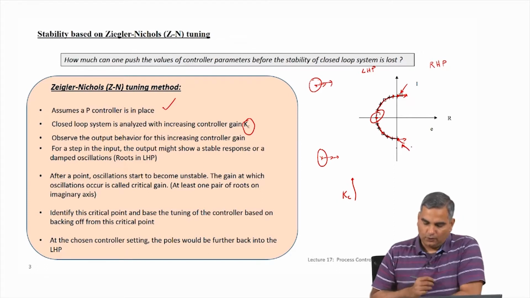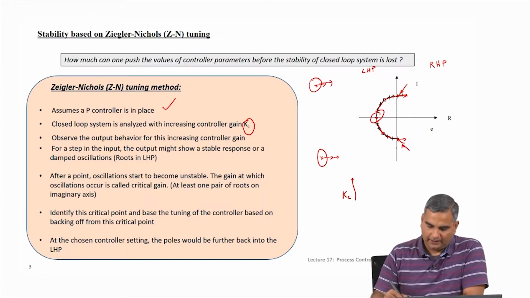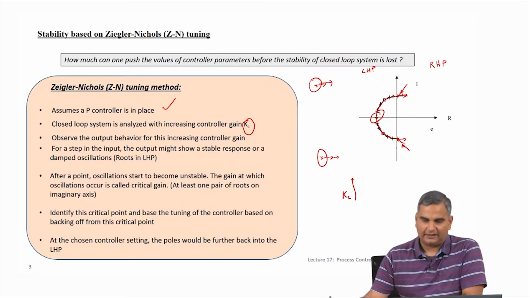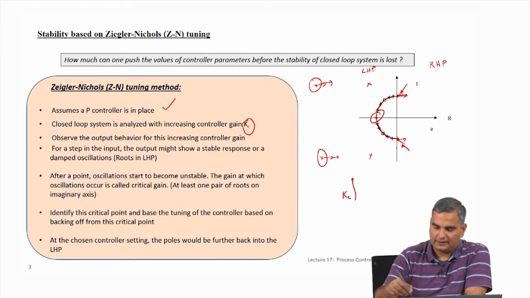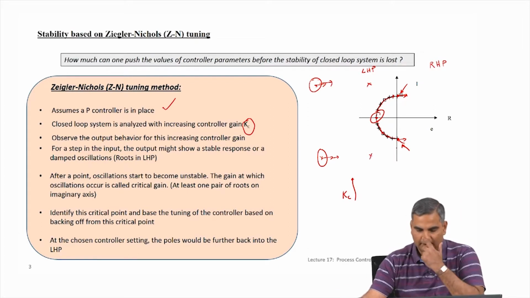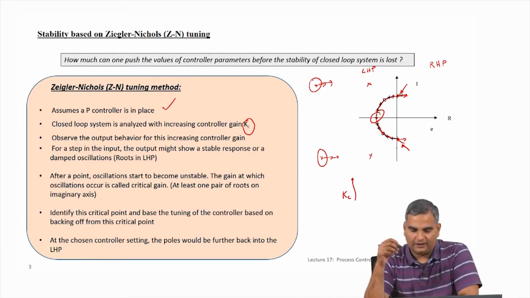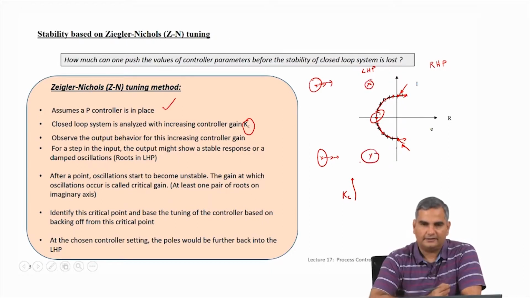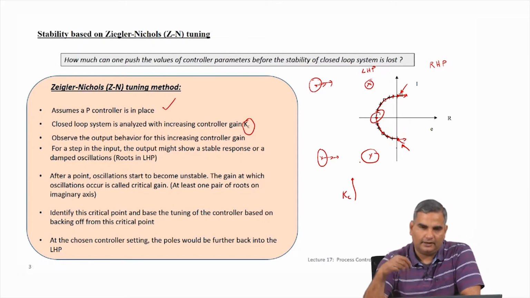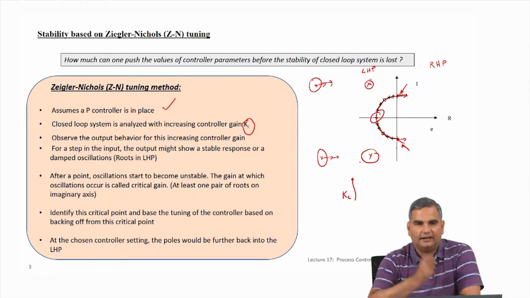So, also notice that at this ultimate gain, when I have poles on the imaginary axis, and let us assume these fellows have moved here. Okay. So, let us say I have these 4 poles now. Now, from our previous lecture, we know that these 2 poles will create oscillations, but because the real part of these complex numbers is negative, that e power minus at will keep coming down.